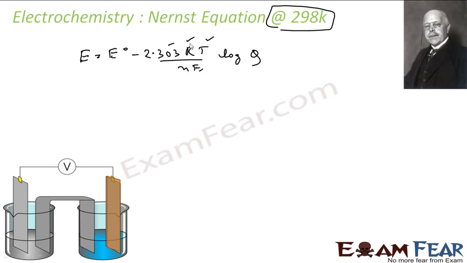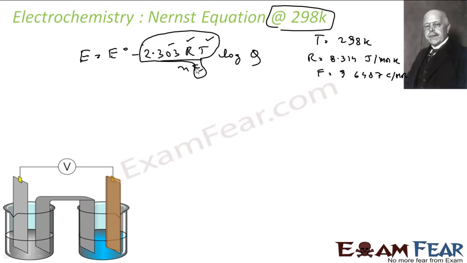So let's put in all the constants and see what you get. We'll put T as 298 Kelvin, R as 8.314 joule per mole Kelvin, and F we know is nothing but 96487 coulomb per mole.